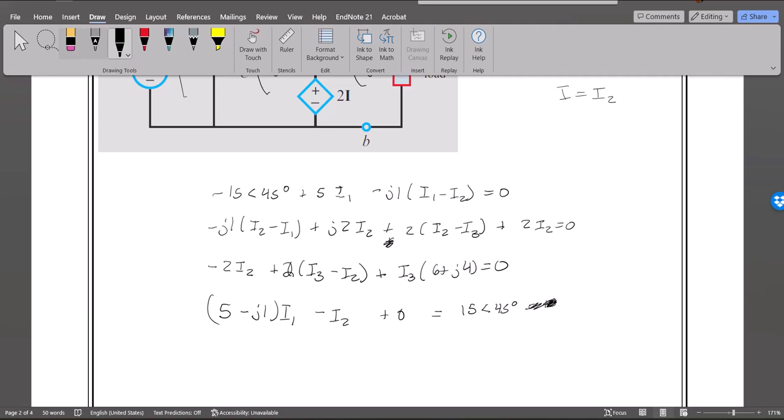Okay, and then my second equation, I have minus J1 I1, and then for I2, I have minus J1 plus J2, that just gets me J1 plus 2 I2, and minus 2 I3.